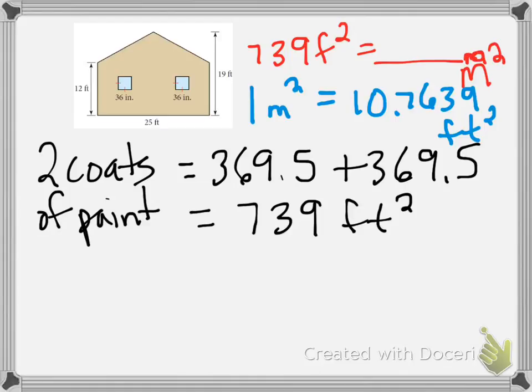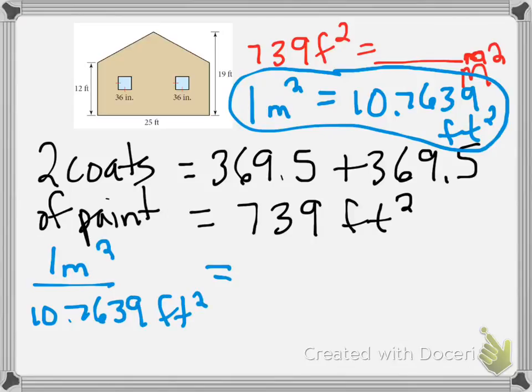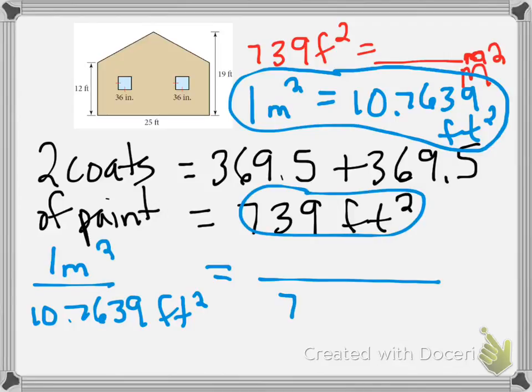So I looked up on the internet, and it turns out that 1 square meter is equal to 10.7639 square feet. So we can write that 1 square meter over 10.7639 square feet, and that's equal to 739 square feet. Keep my feet squared on the bottom because it's on the bottom over there. And then I can cross multiply to find x square meters, and find out how many square meters 739 square feet is equal to.